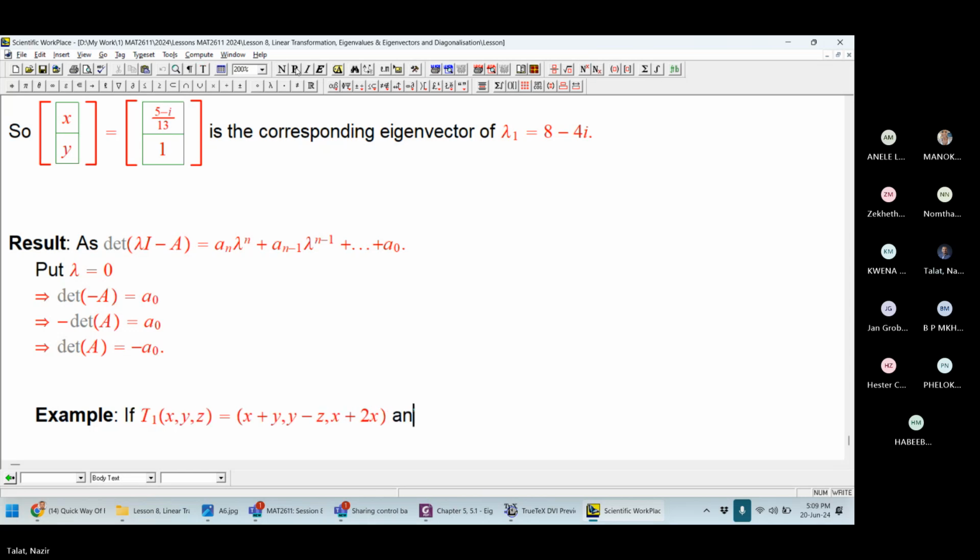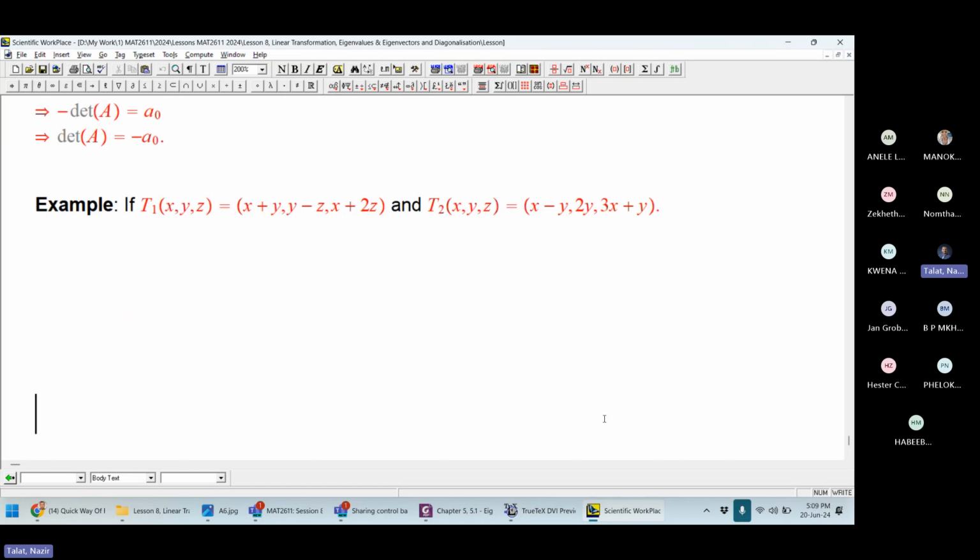And the second, say T2, is another operator, with first component X minus 1, maybe 2Y, and here some Z, and here suppose 3X plus Y. So these are the two operators. Then the question arising is how to find.